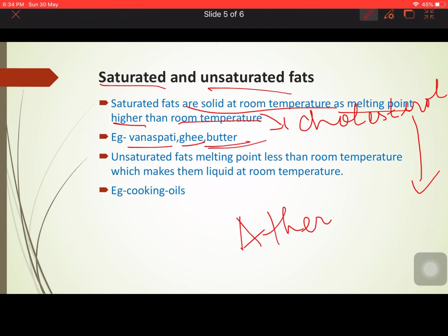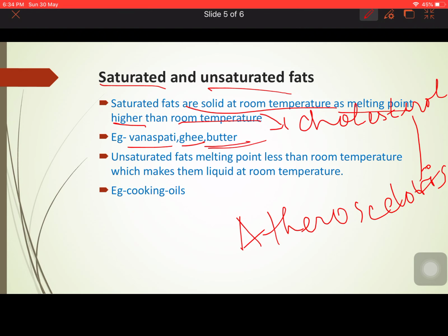That is the thickening of the walls of the arteries, so the path of the flow of blood will decrease. So it will create high blood pressure, and heart disorder is the main risk for those people who are taking a high amount of saturated fat.